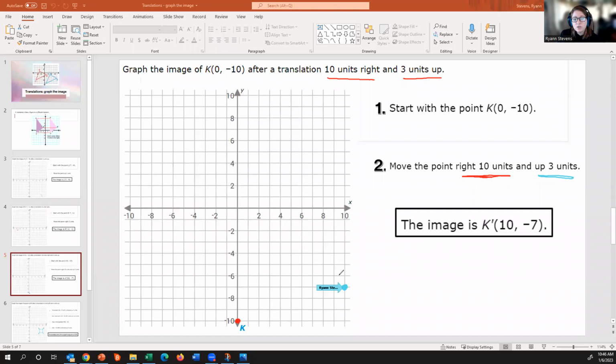So now we have the image here, and we can figure out our ordered pair. It lines up with 10 on the X axis, so our X is 10, and it also lines up with -7 on the Y, so that would be -7 for the Y.